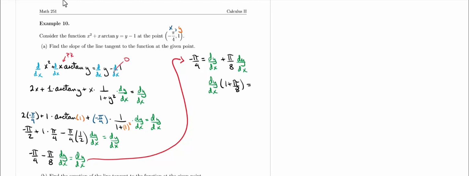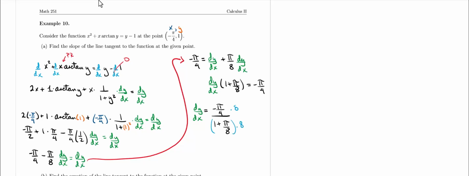And this is equal to negative pi over 4, which gives us dy/dx equals negative pi over 4 divided by 1 plus pi over 8. Now, I don't like having complex fractions, so I'm going to multiply by the LCD of everything. The LCD of every single fraction is 8.